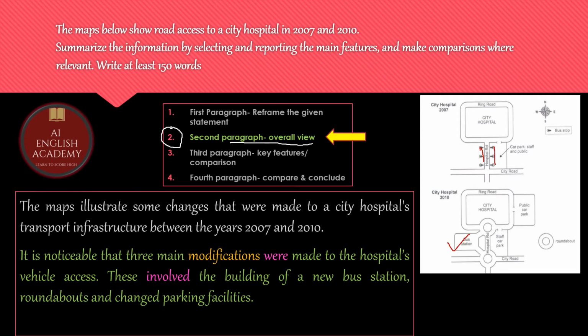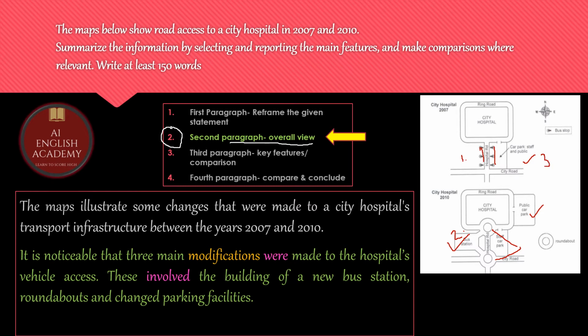Then the second thing is the establishment of roundabouts. And now the third thing is there are changes for the parking facilities. Earlier the car park was for public and staff, it was a joint parking, and then separate parkings for the staff and the public's facility have been made.